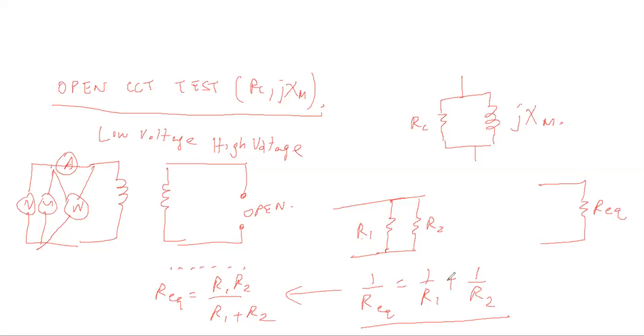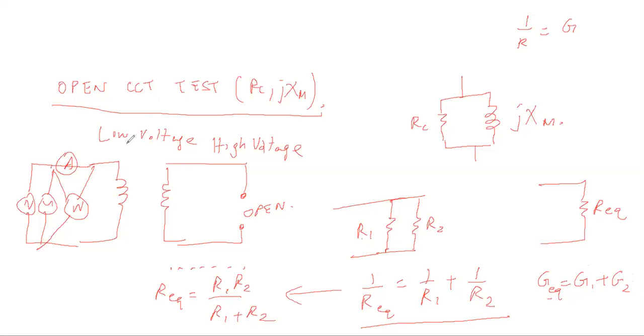Over here we have a single simple expression in which we can resolve the two resistances by taking the sum of their conductances. We already know that the inverse of a resistance is called a conductance, which is denoted by G. So I can say G equivalent is equal to G1 plus G2, where G equivalent is again the conductance of the resulting equivalent resistance.